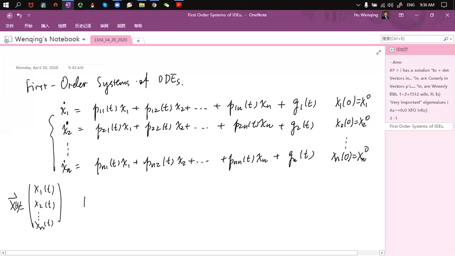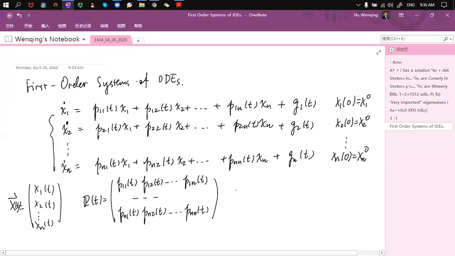And you set a matrix P of t, which is p11 of t, p12 of t, up to p1n of t, and so on, down to pn1 of t, pn2 of t, up to pnn of t. Then you have the G of t, which is G1 of t, G2 of t, dot dot dot, Gn of t.